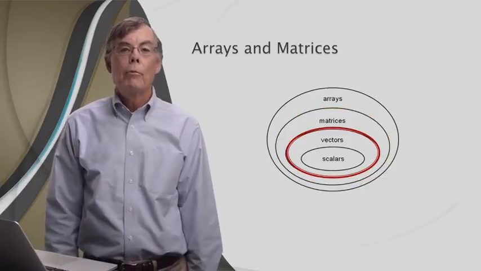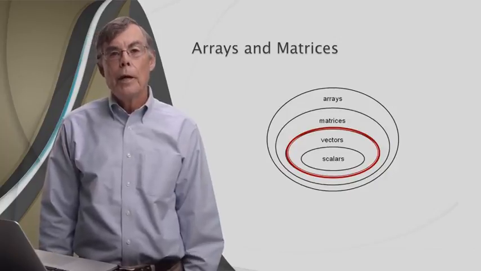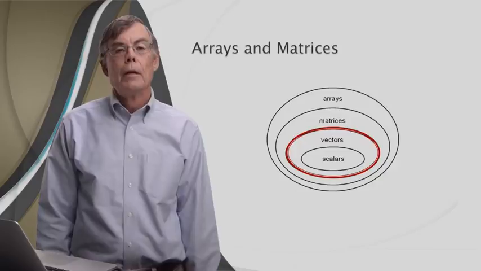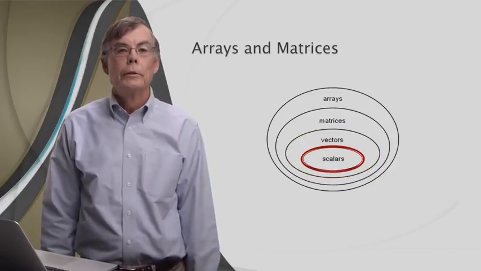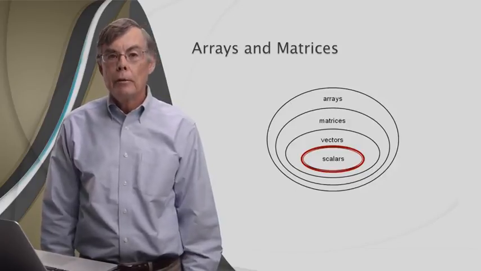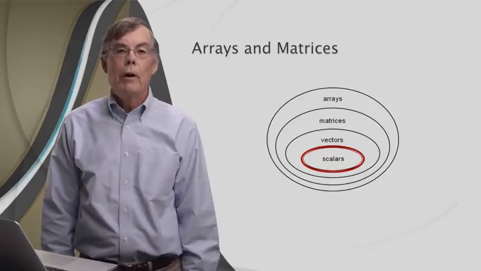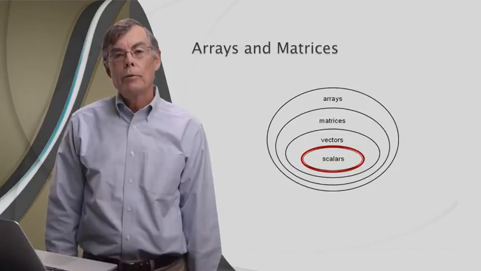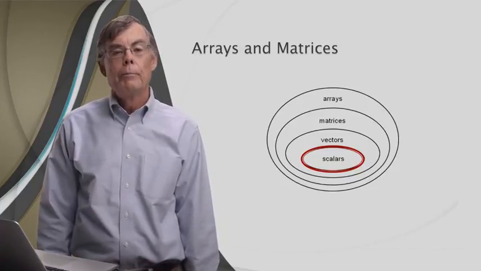This set includes all row vectors and all column vectors, and you can call them vectors or matrices or arrays, but we usually call them vectors. And finally, inside the set of vectors are the scalars. These are the one-by-one matrices, and you can call them scalars or vectors or matrices or arrays, but we usually just call them numbers. Everything that MATLAB works with, from the largest to the smallest, is found in this diagram.